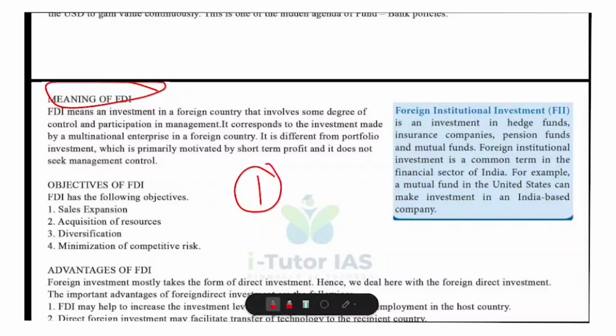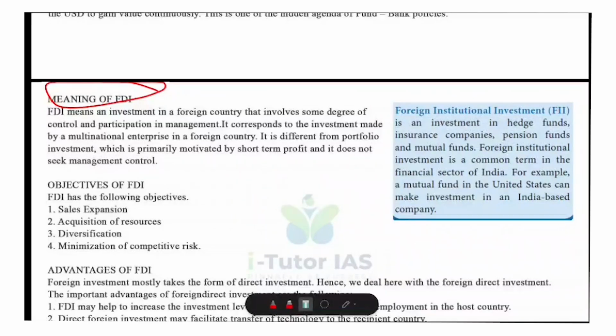Unlike simple investment, FDI involves active involvement in the running of businesses. For example, a Japanese car company setting up a factory in India and deciding how it is run. Then multinational enterprises. FDI is mostly carried out by multinational corporations which operate in more than one countries. So remember these two terms while defining FDI.